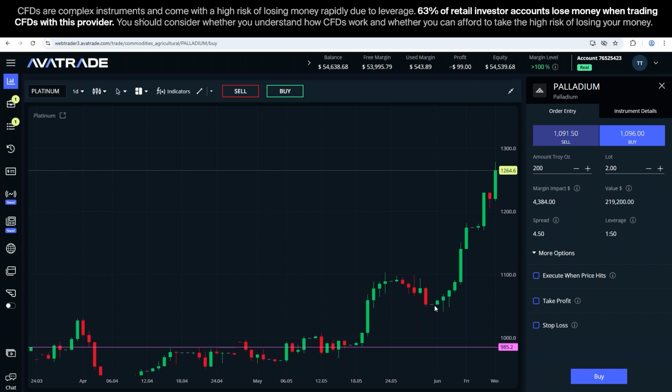I mean, we're talking 20, 25%, even 30% movement if we go back even a little further to this range here in May. So quite a run up for platinum.